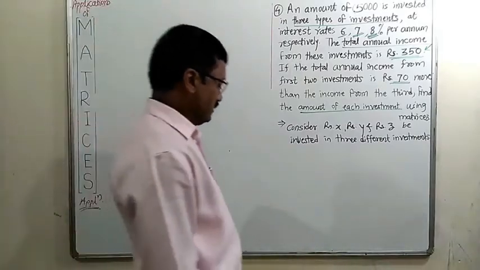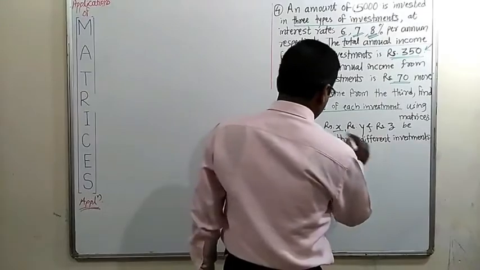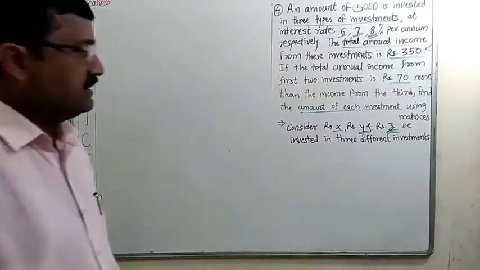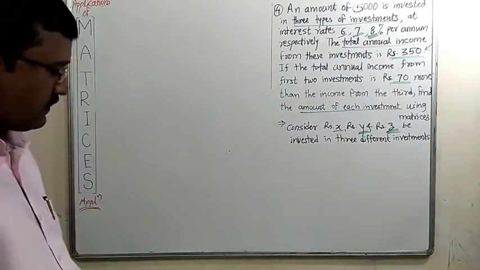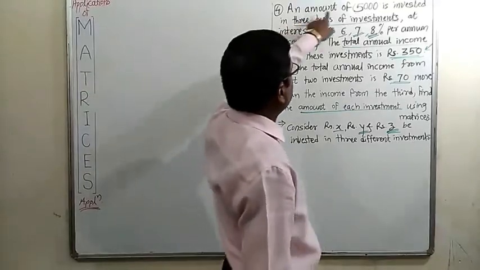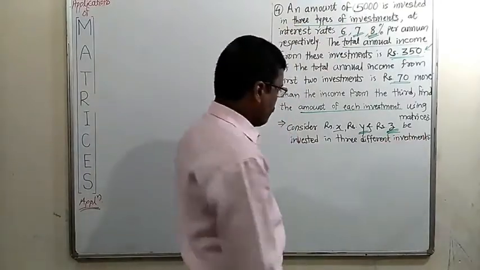X, Y, Z be those amounts. Here amounts X, Y and Z we invested in 3 different investments. From the given information, we can write the total amount is 5,000. So the sum of these 3 investments should be 5,000.